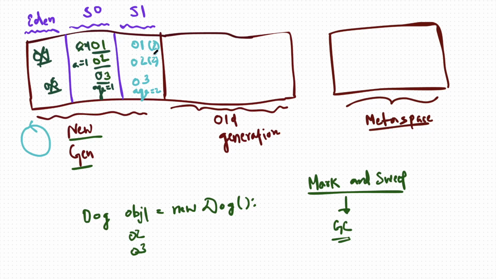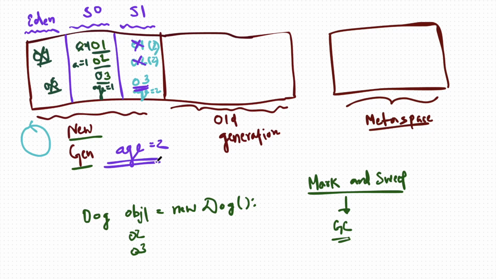Now the compiler sees that in some time, this got dereferenced again, but this got referenced again. So now we have to save this and we have to delete this. So let's say we have a threshold limit of age equal to 2.